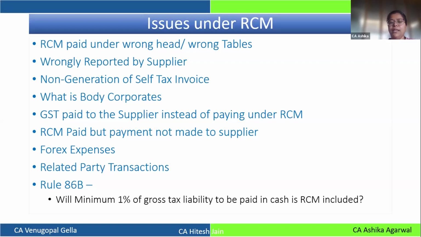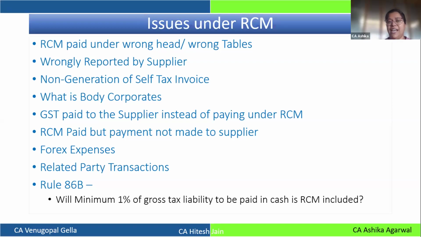Another issue is that you paid the tax. Now if we see section 16, it specifies one more condition to claim the ITC: that I should make my payment to my supplier within 180 days. If I don't make payment to my supplier within 180 days, I have to reverse my ITC and I can reclaim it when I make payment to my supplier.